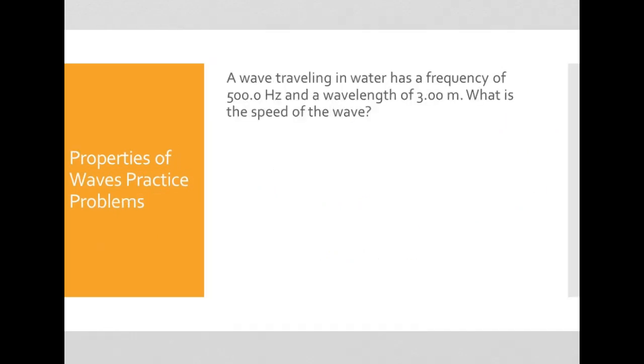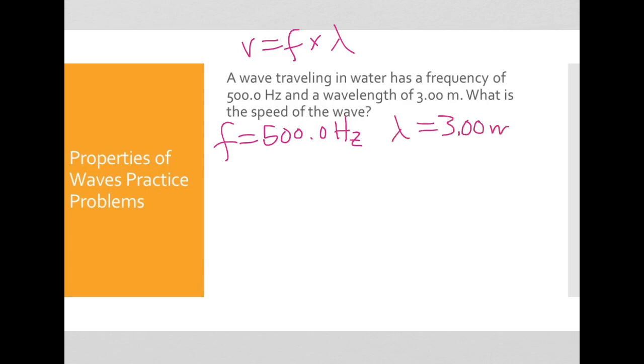A wave traveling in the water has a frequency of 500 hertz and a wavelength of 3 meters. What is the speed of this wave? Again, our equation is going to be v equals f times wavelength. My frequency is 500.0 hertz, and my wavelength is 3.00 meters.